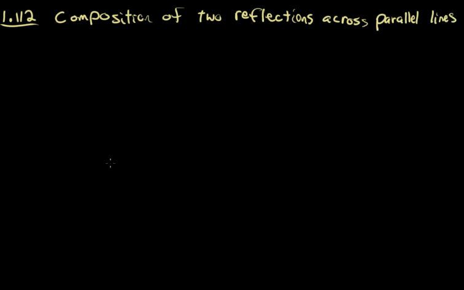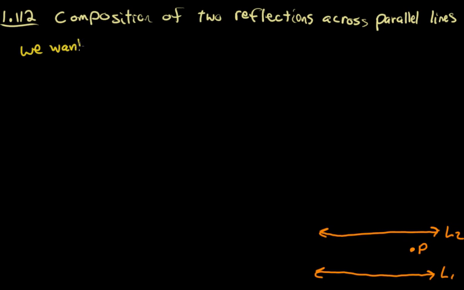So let's start out with a couple of parallel lines. We'll have L sub 1 there, and we'll have L sub 2. And let's make these lines and not just segments. Let's get a point P. What we want to do is reflect P across L sub 1, then L sub 2.